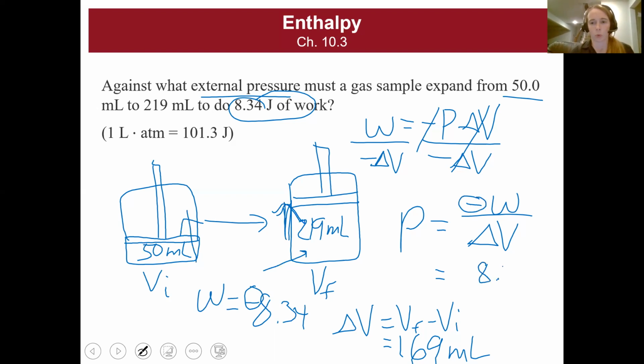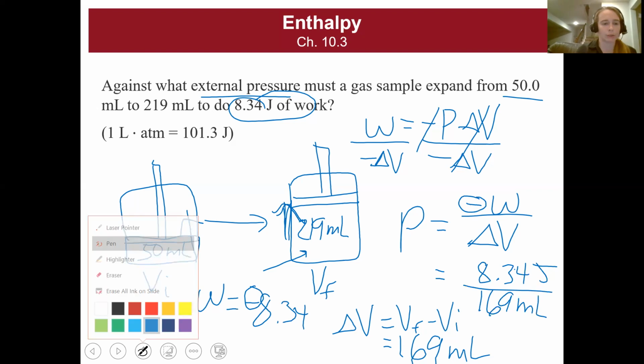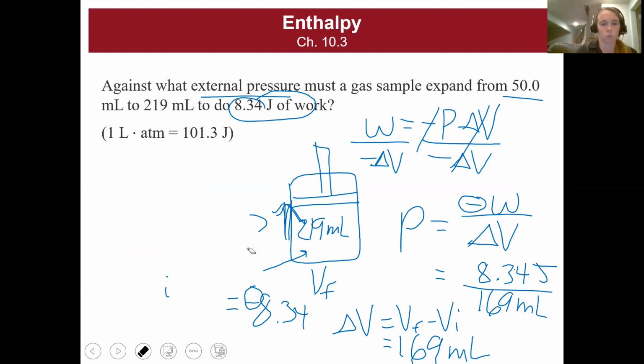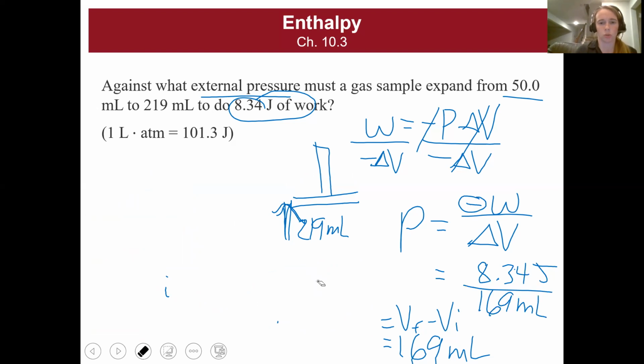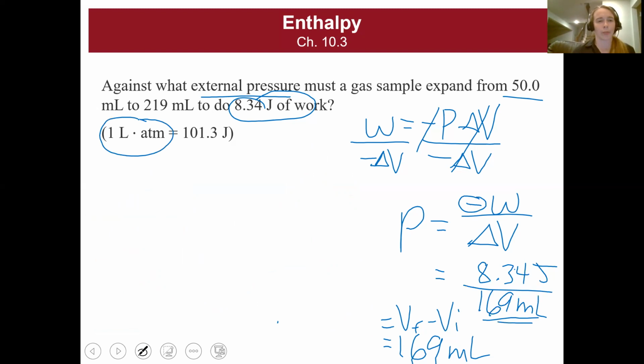So 8.34 joules over 169 milliliters. But we want to make sure all of our units are going to cancel out. So I'm going to erase my picture now so I have more room to work. This 169 milliliters, that's cool, but our little hint here about unit conversion tells us that 1 liter atmosphere is equal to 101.3 joules.